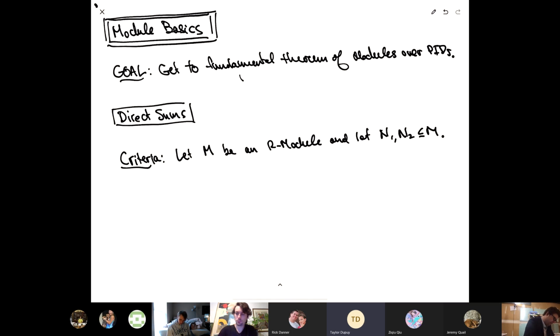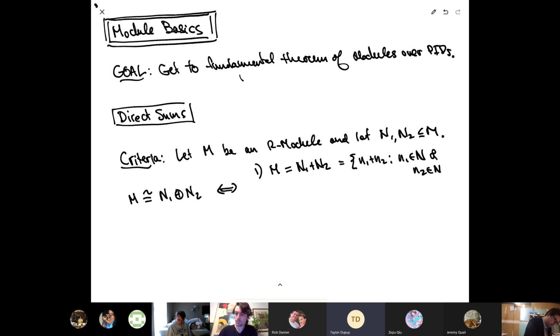Okay, so M is isomorphic to the direct sum of N1 and N2 if and only if two conditions hold. You have to check two conditions. The first condition is that M is equal to N1 plus N2, which is the set of n1 plus n2, where n1 is in N1 and n2 is in N2.